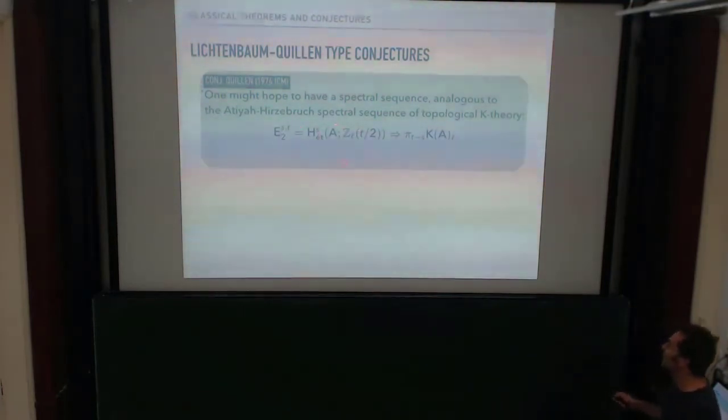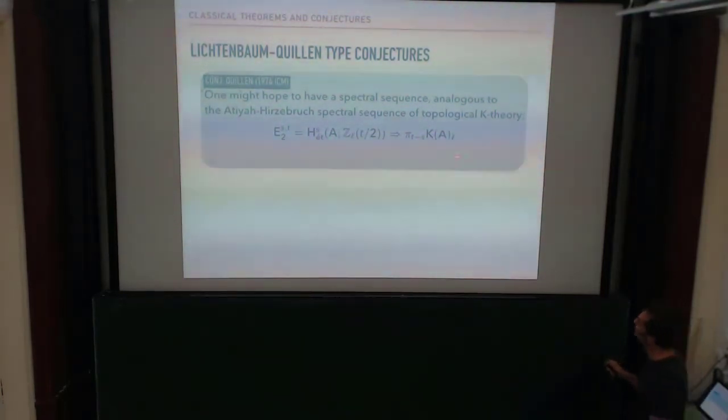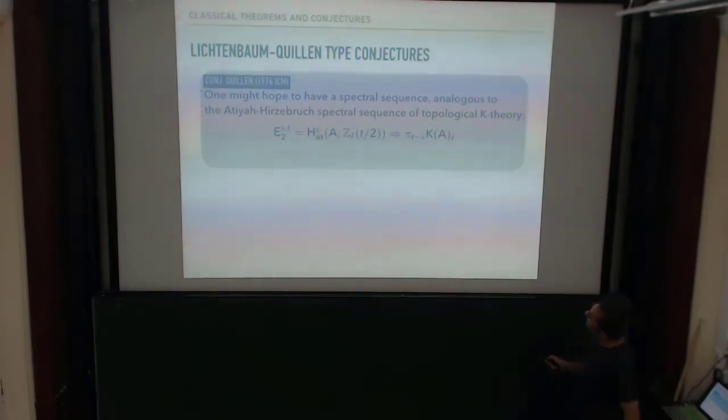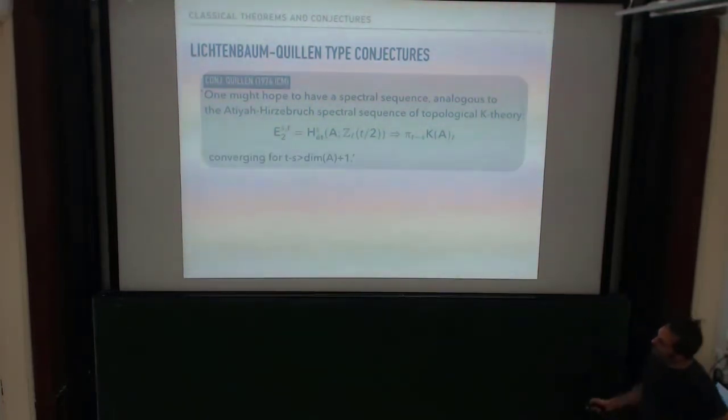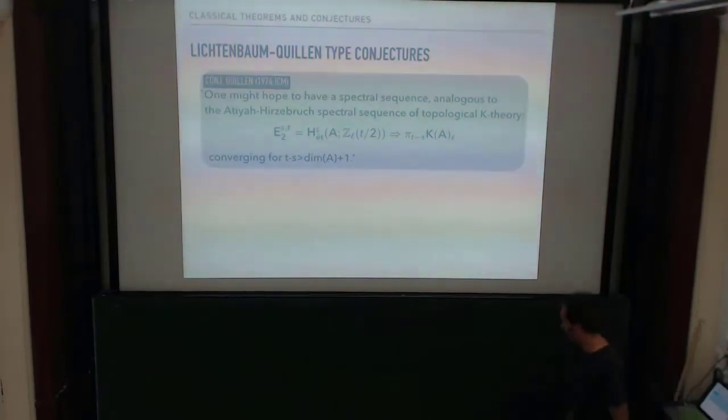So this should be a spectral sequence going from the ordinary cohomology, which in this case is étale cohomology, to the algebraic K-groups after completion. And he said that this should converge when these groups are sufficiently high, a very concrete bound.